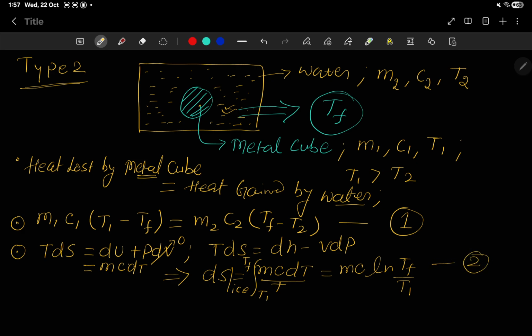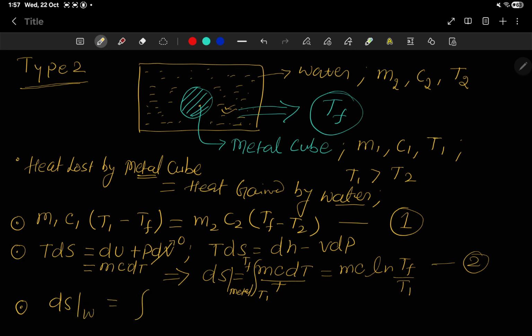This is the change in entropy of the metal. Now what will be the change in entropy of water?